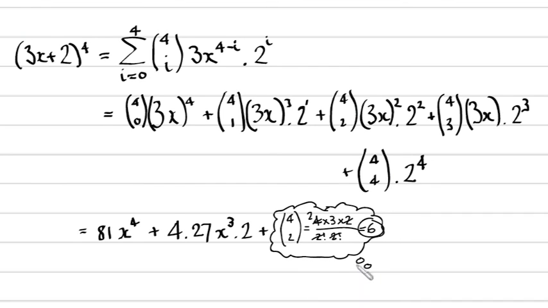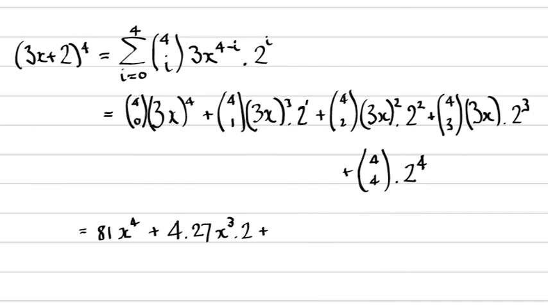And if you quickly evaluate that, you'll see that comes to 6. So 4 choose 2 is 6. Times 3x squared is 9x squared times 2 squared, 4.